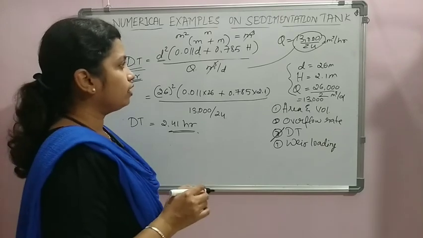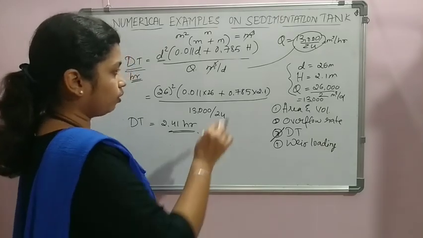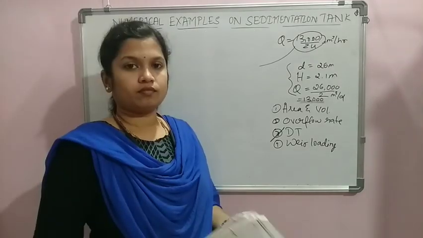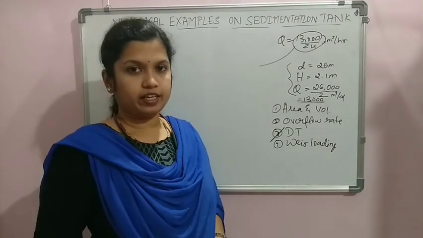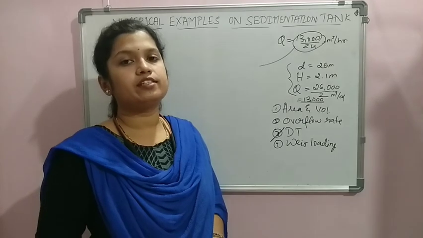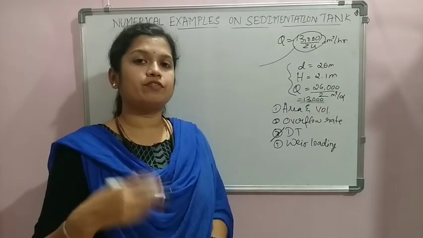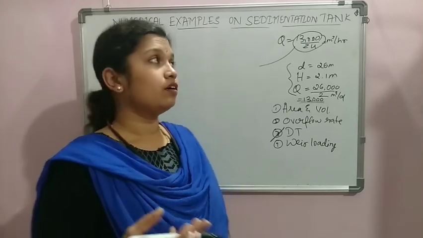Next thing we need to calculate is the quantity of water that is treated during the detention time. That will be regarded as the capacity for which we are going to design the other parameters.